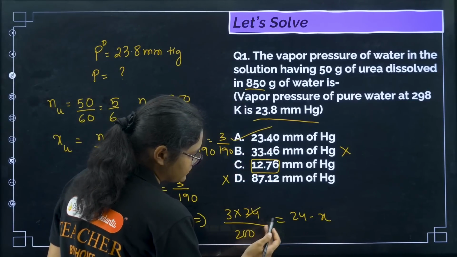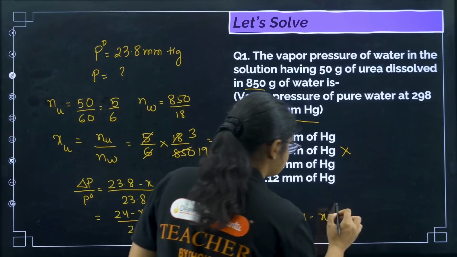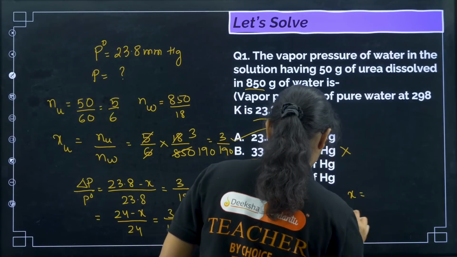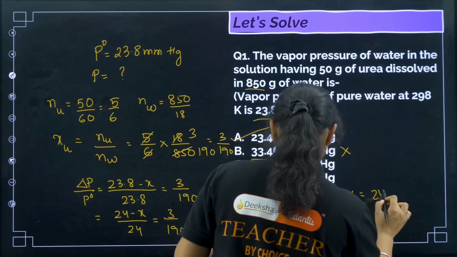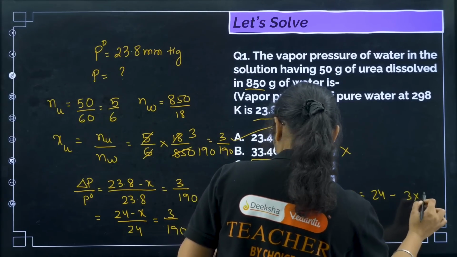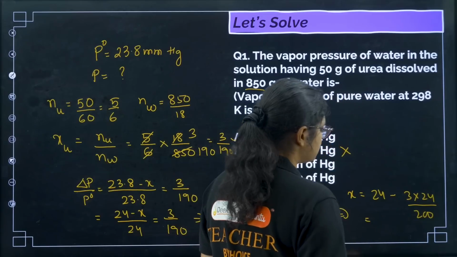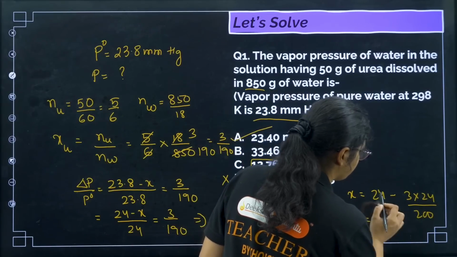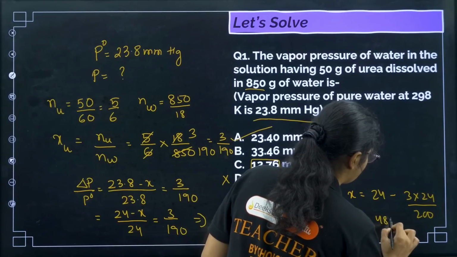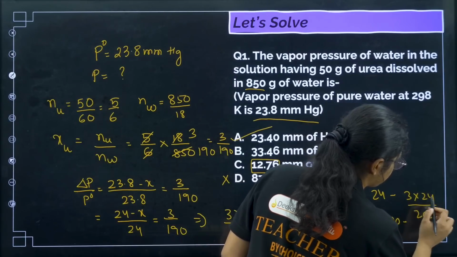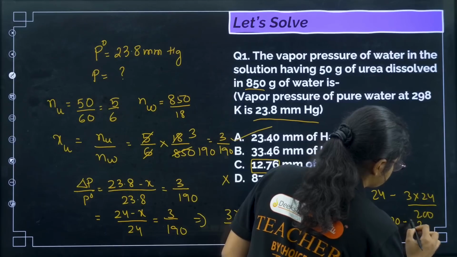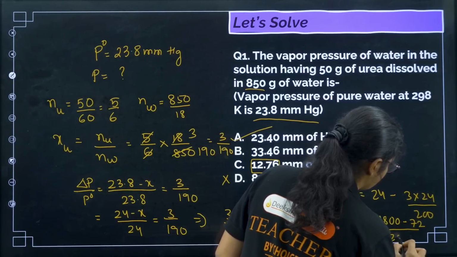I can solve this side, so x will be equal to 24 minus 3 into 24 by 200. So how much are we getting? I can see 24 into 2 is 4800 minus 3 into 24 is 72, divided by 200.